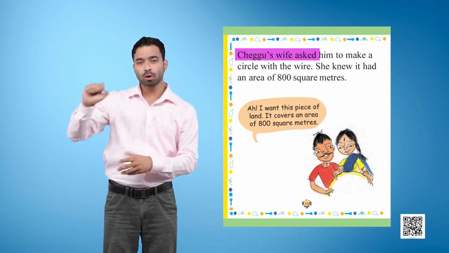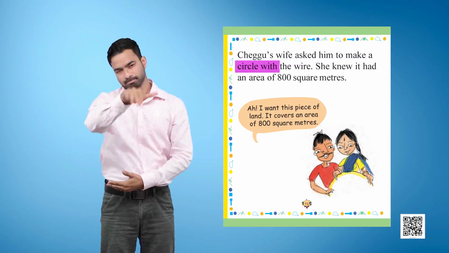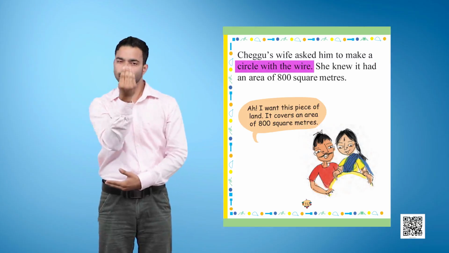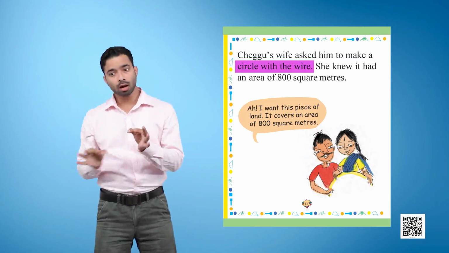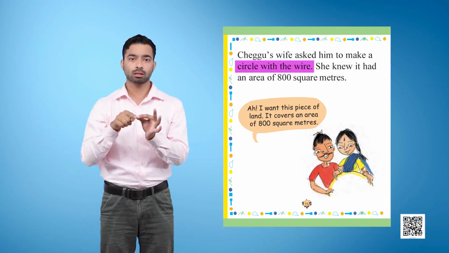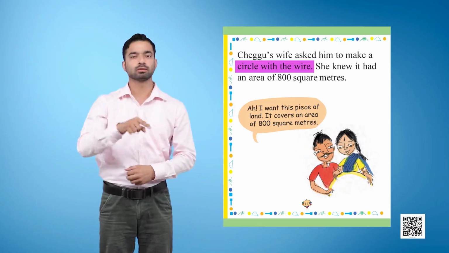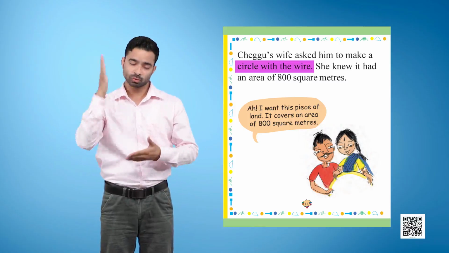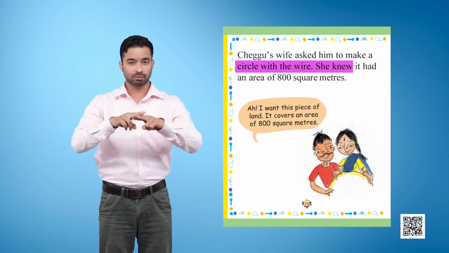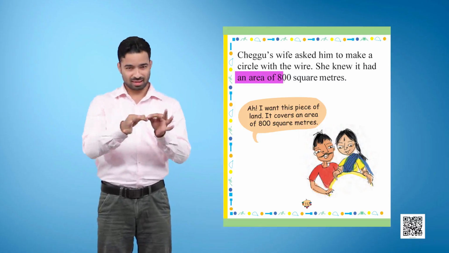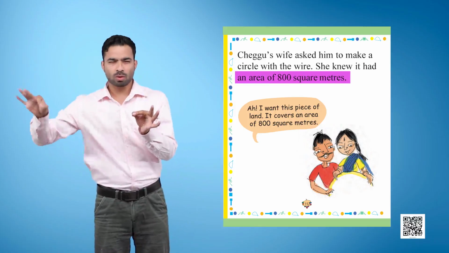Chegu's wife asked him to make a circle with the wire. She knew it had an area of 800 square meters.